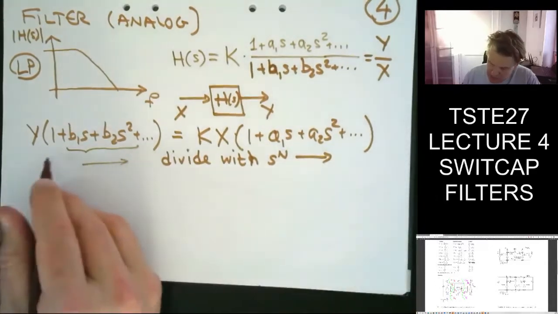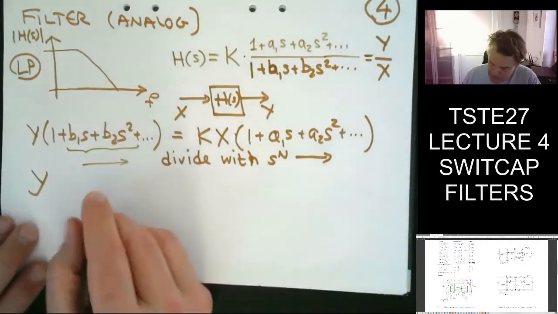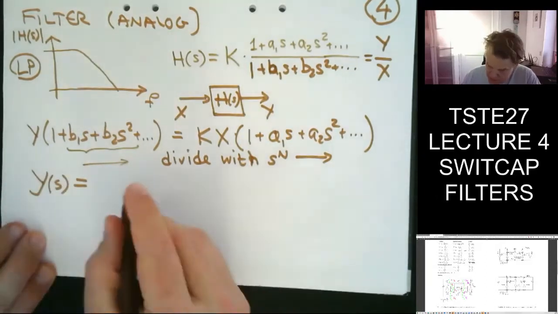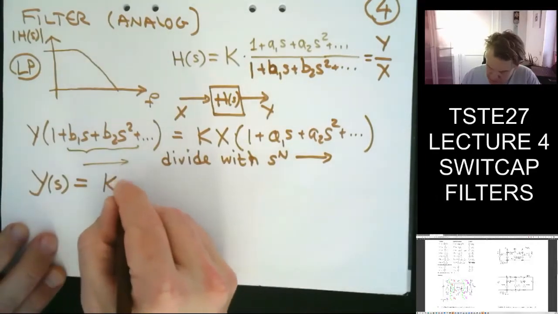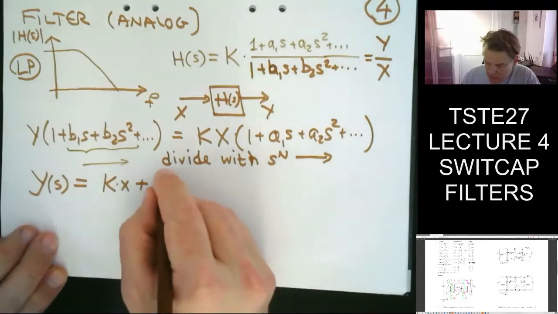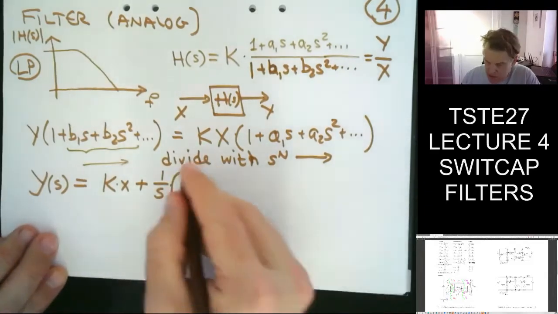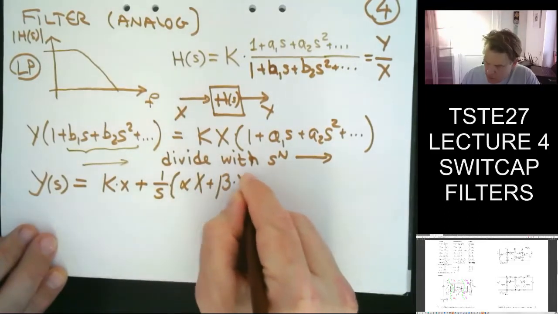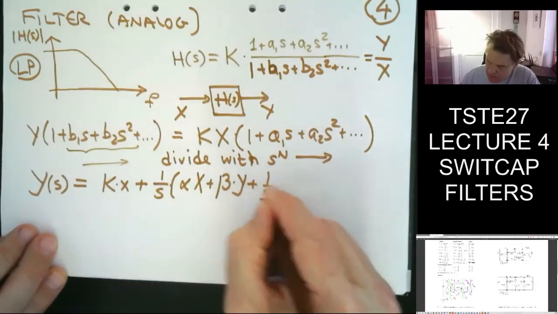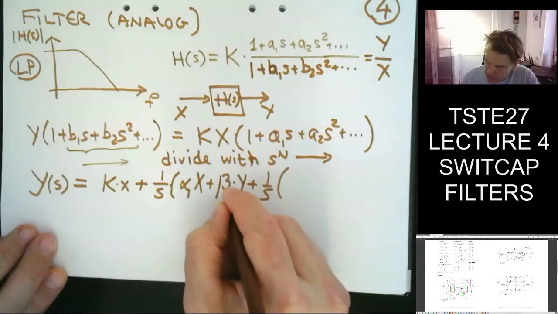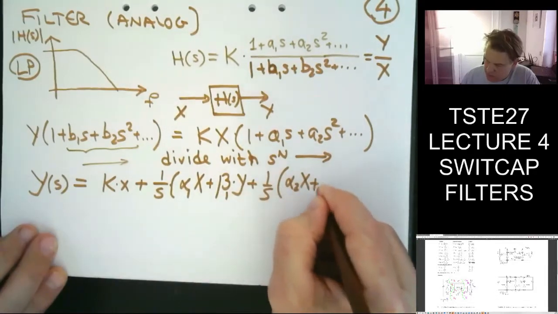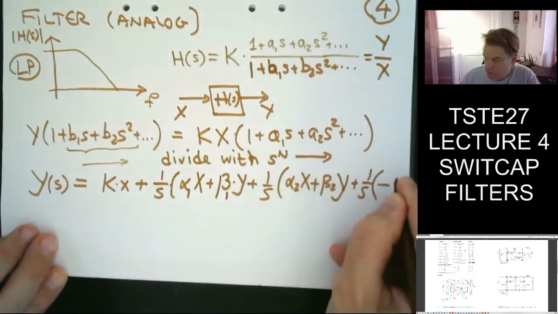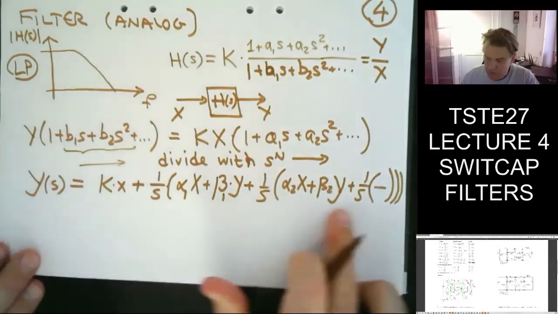And if you like, you can read more about this in the PDFs, but we essentially get Y of S equal to something like K times X, plus 1 over S times alpha X plus beta Y, plus 1 over S, and then it just continues here, say alpha 1, beta 1, alpha 2 X plus beta 2 Y, plus 1 over S, parenthesis, and so on. And then I have a long story here.